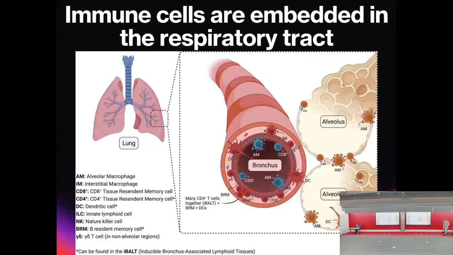So I mentioned this already as we travel down into the lungs. We go from the upper respiratory tract down to the lower respiratory tract. You've got your bronchia, which is your large tube which comes all the way down from your lungs, from the esophagus up here.